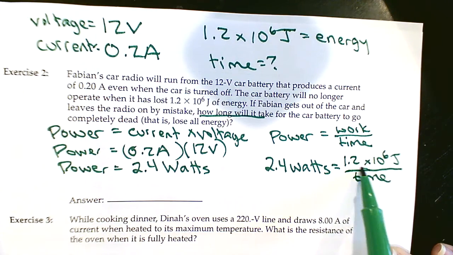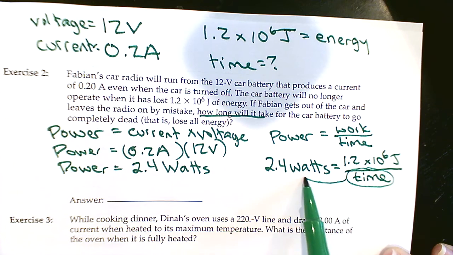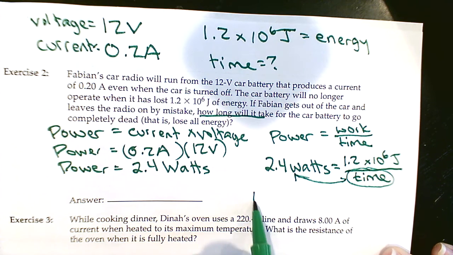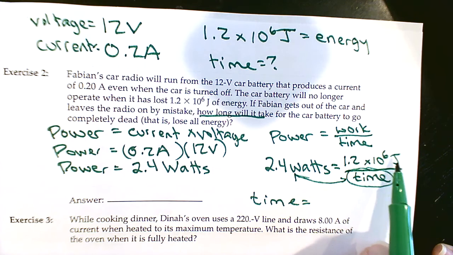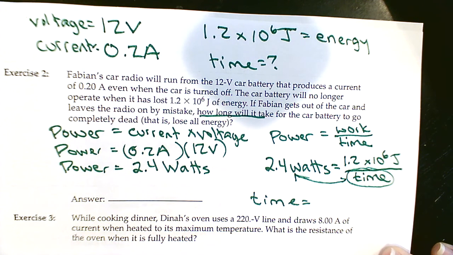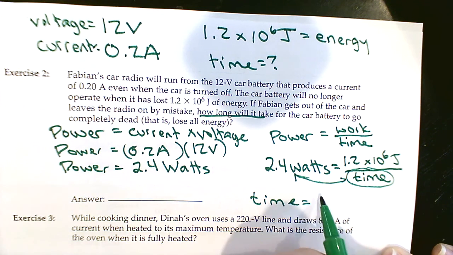Remember the cheat, when your unknown is on the bottom all by itself, it can trade places with the other side. So I'm going to go 1.2 times 10 to the 6 divided by 2.4. I'm going to get a pretty big answer. Okay, I got 500,000.